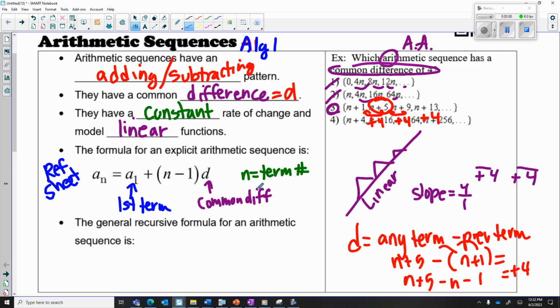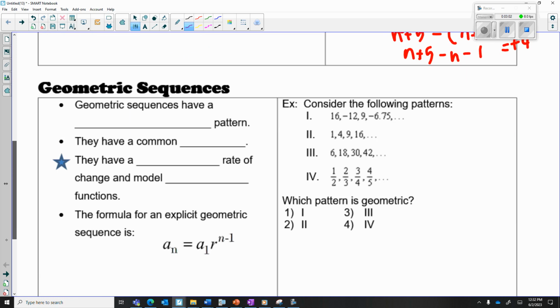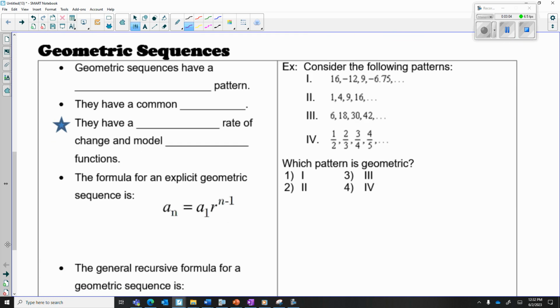I'm going to skip this recursive part and go on to geometric. Now we go to geometric. Geometric sequences have a multiplying pattern or dividing, because multiplying and dividing are inverses, right? They have what we call a common ratio between the terms, and that's denoted by the letter lowercase r.